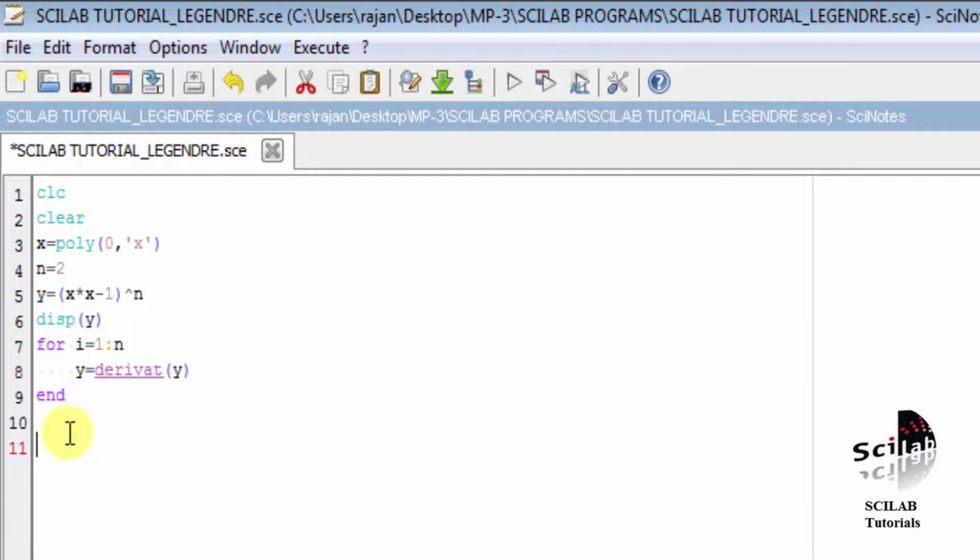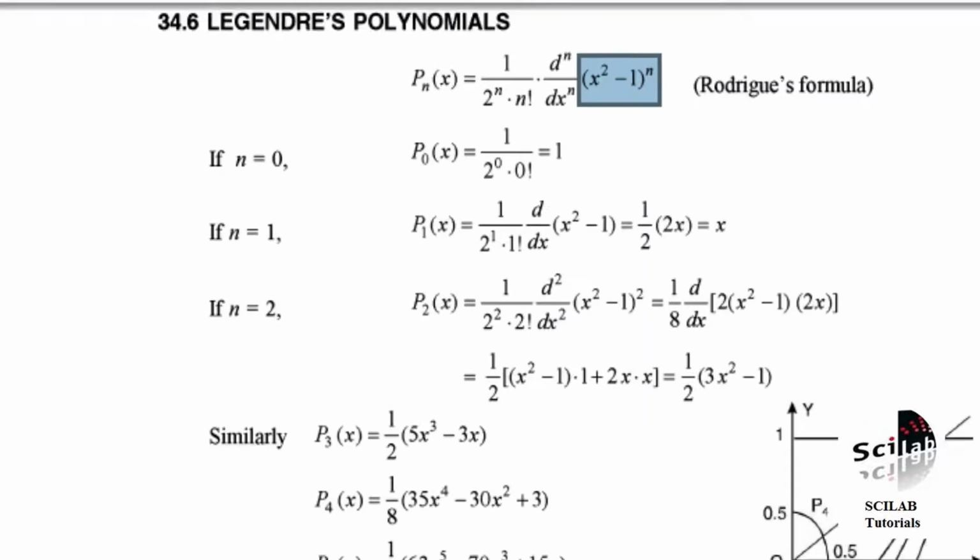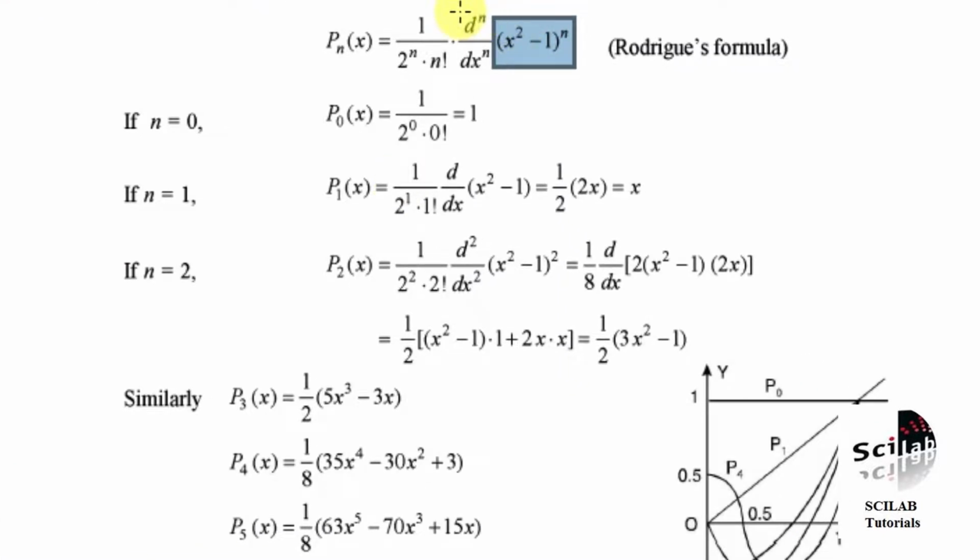Now our y will contain the nth derivative of the term (x square minus 1) whole to the power n, and we are getting the expression in terms of x, which is our aim. This part has been done. We have created the expression (x square minus 1) whole to the power n and differentiated this expression with respect to x n times.